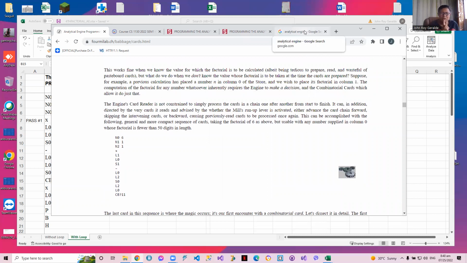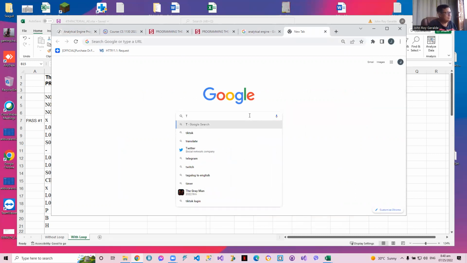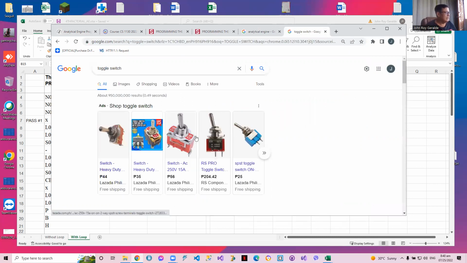Remember, there's a lever, no? It's like a toggle switch. A run-up lever is like a toggle switch. Do you follow? Ganito, no? Which automatically sets on if the last value is negative. But if the value is positive or 0, it will switch off.